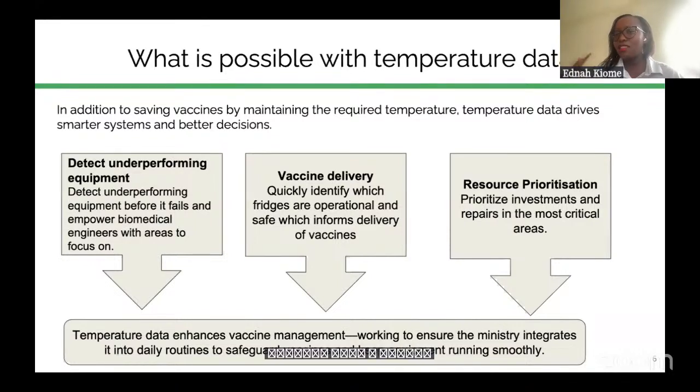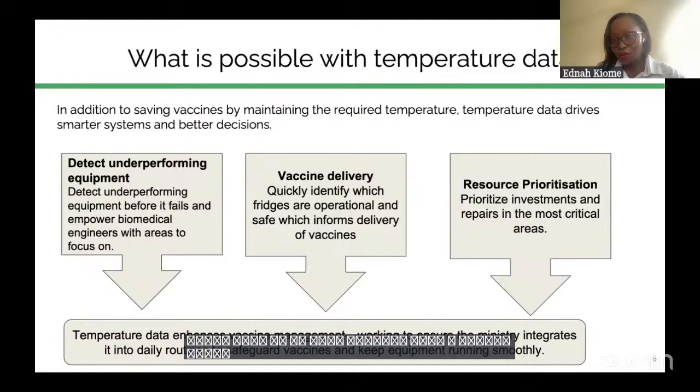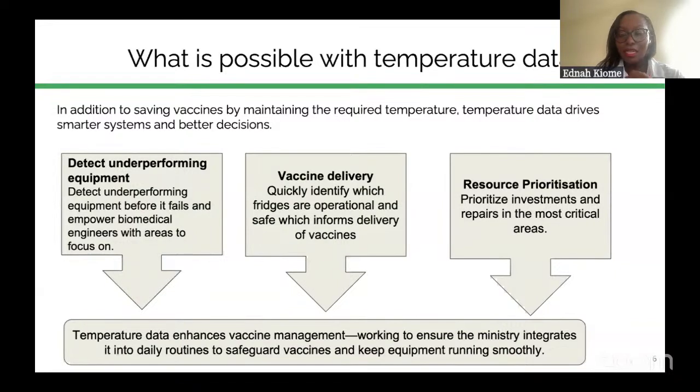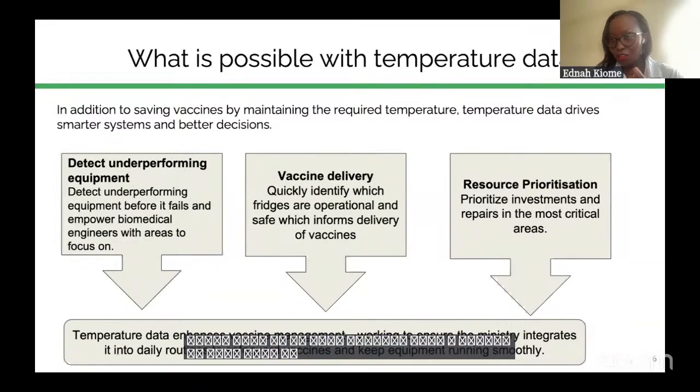But what more can this aggregated temperature data collected over time help ministries do? What decisions can they make? The first one, which we've really talked about, is performance, right? How can we support ministries to use this data to really detect an equipment even before it fails?